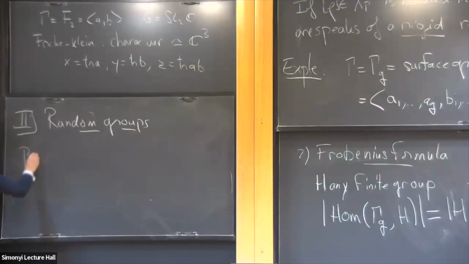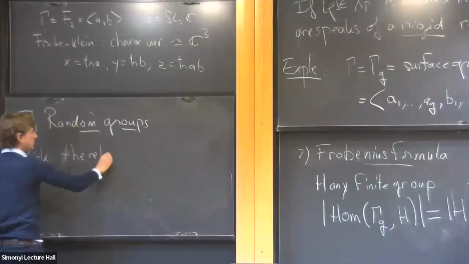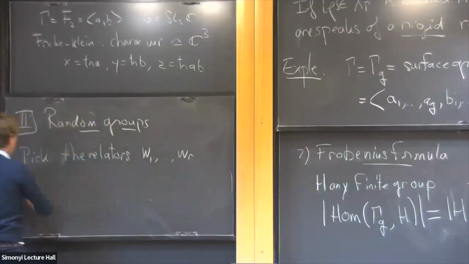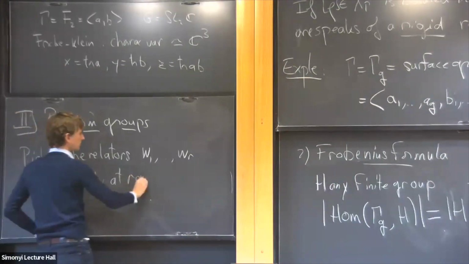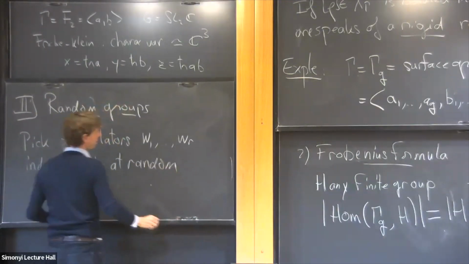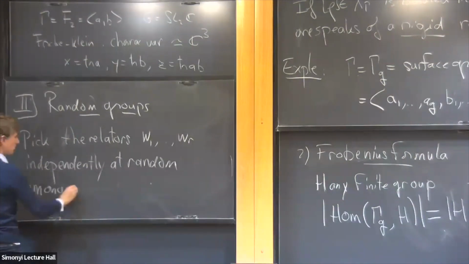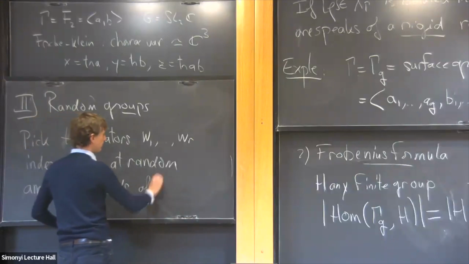We pick the relators W1 through WR independently at random in the ball, or in the sphere if you want, of radius L, so among all words of length L.